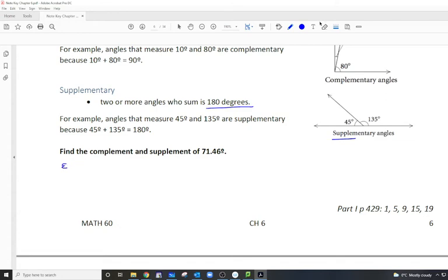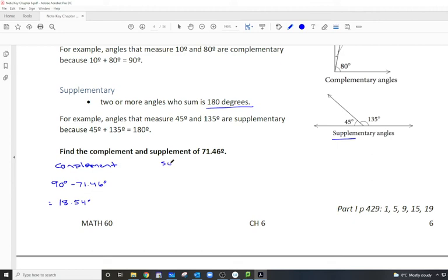Okay, so if I asked you to find the complement and the supplement of 71.46 degrees, the first thing we're going to do is find the complement. So complementary angles add up to what? 90 degrees. So to find a complementary angle, you're just going to subtract 71.46 from 90, and you get 90 minus 71.46, and you get 18.54 degrees.